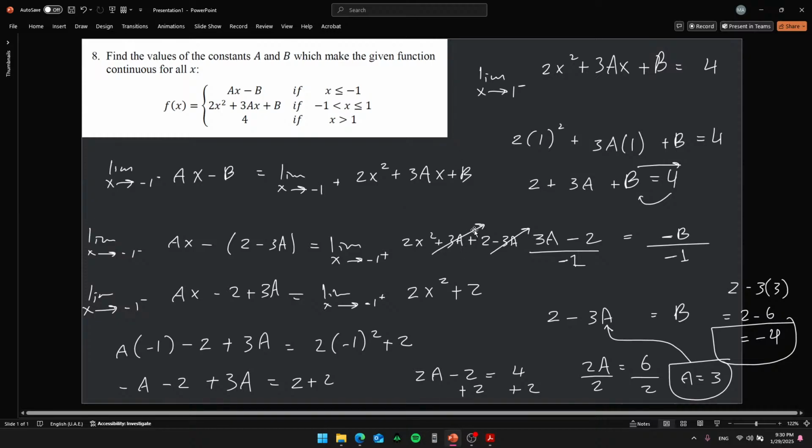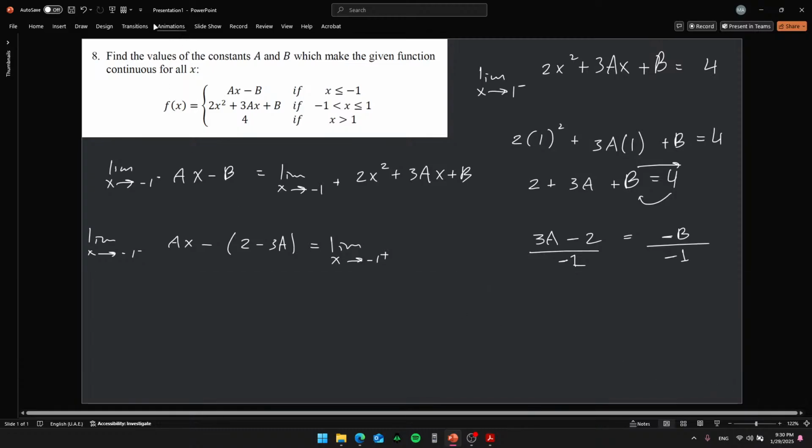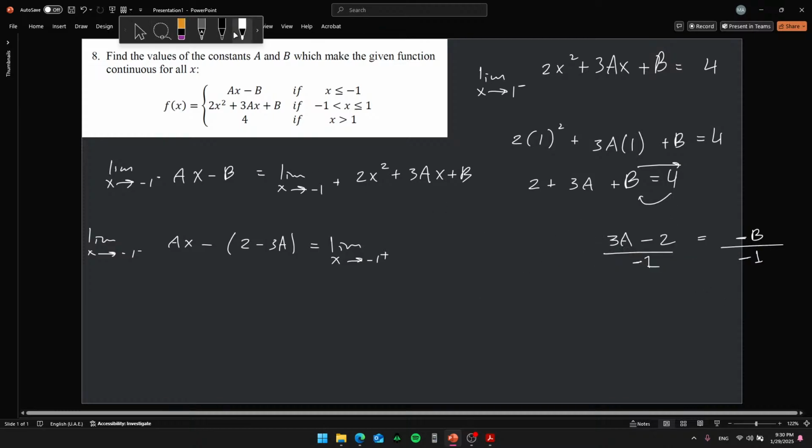Okay, sorry. Remove this. 2x squared plus 3ax. I forgot the x, so that's why I cancelled 3a with negative 3a. But it shouldn't be cancelled because there's an x here. I forgot to write it down, so that's why.